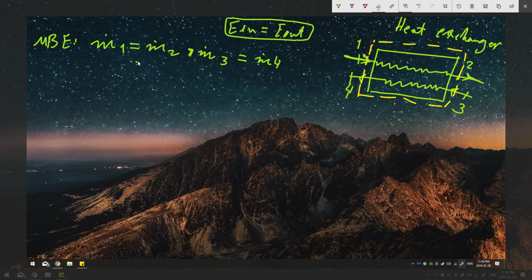So let's discuss the energy balance equation for this one, right? Now, what is coming into the heat exchanger and what is going out? M1, H1, right? This is the enthalpy that is hitting the exchanger. There's an energy flow in here.